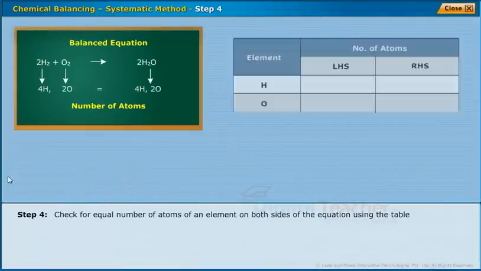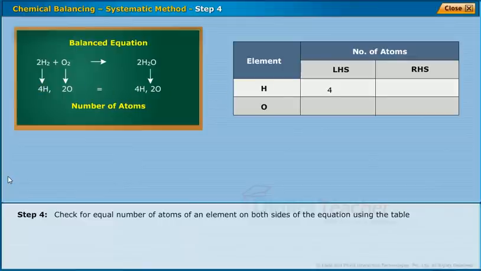Step 4. Check for equal number of atoms of an element on both sides of the equation using the table.